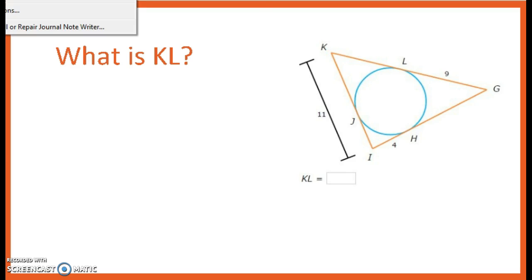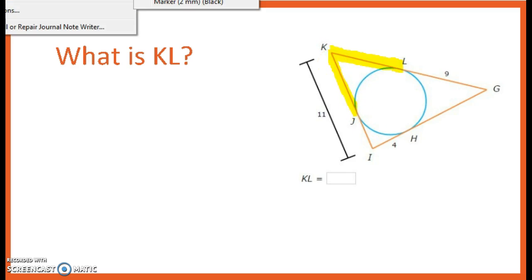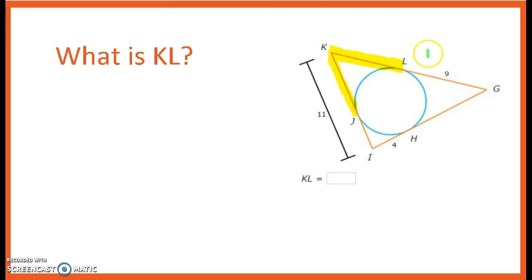And so what's kind of neat about this is that we have a couple of different tangent segments to the circle. So one of them would be KL and KJ. They're both tangent from the same external point K. We also know that LG is tangent to the circle from the same point as GH.